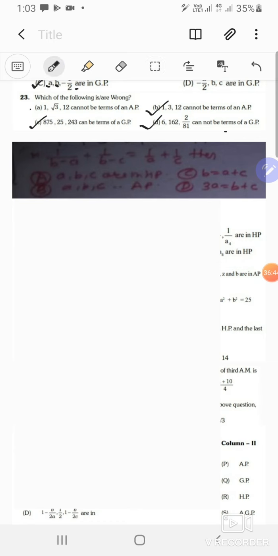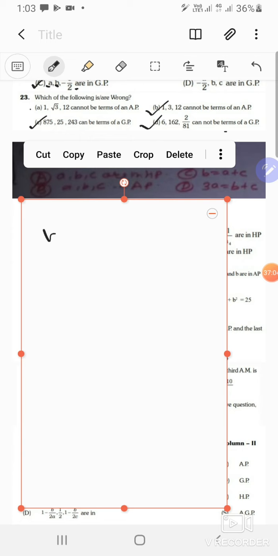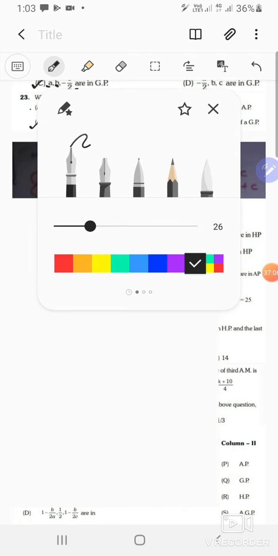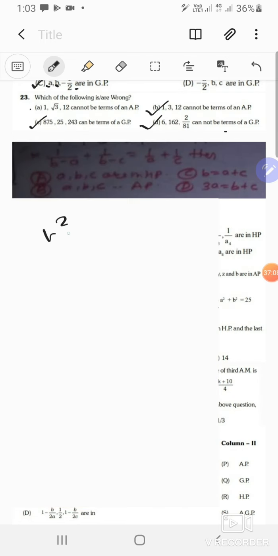Okay, so 1 upon b minus a plus 1 upon b minus c equals 1 upon a plus 1 upon c. I guess we have done a similar kind of question already, but whatever, let's just do it once again. So that's going to give me something like b squared minus of a plus c into b plus ac.